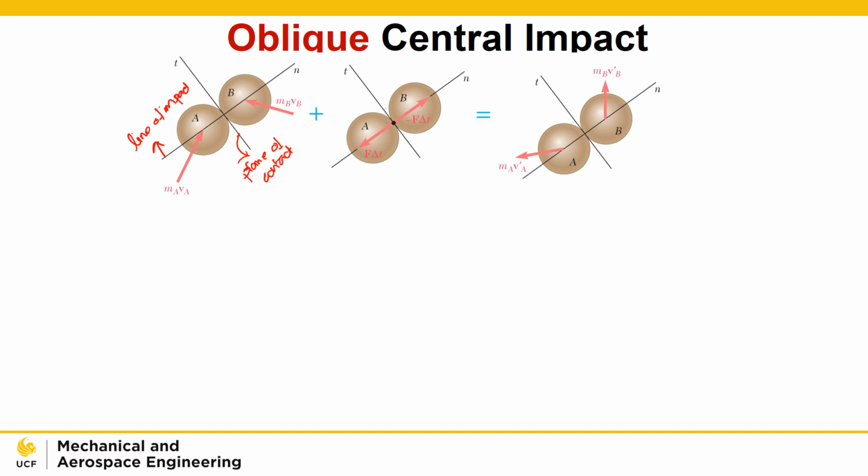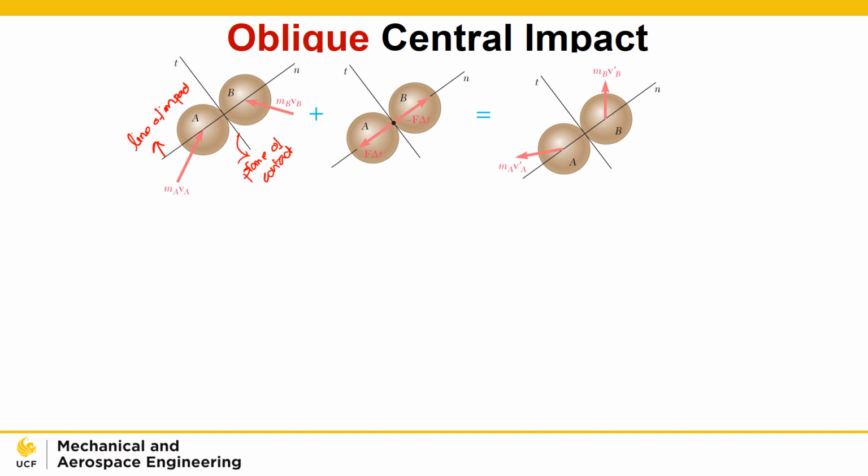We choose our coordinate axes such that our n-axis, or normal axis, is directed along the line of impact, and our tangential axis, or t-axis, is directed along our plane of contact. Now from the impulse and momentum diagram, we see that MAVA and MBVB are the initial momentums of the particles before impact.